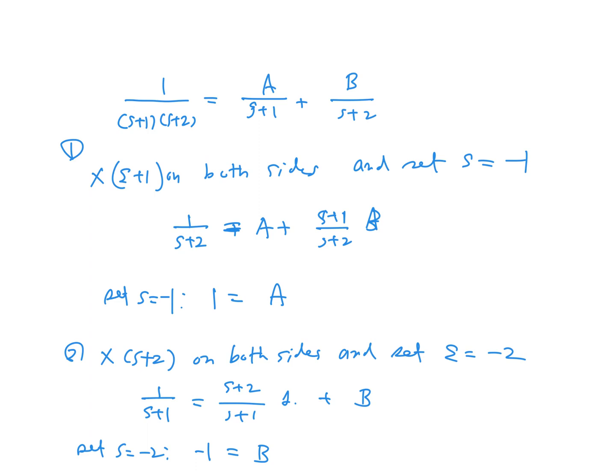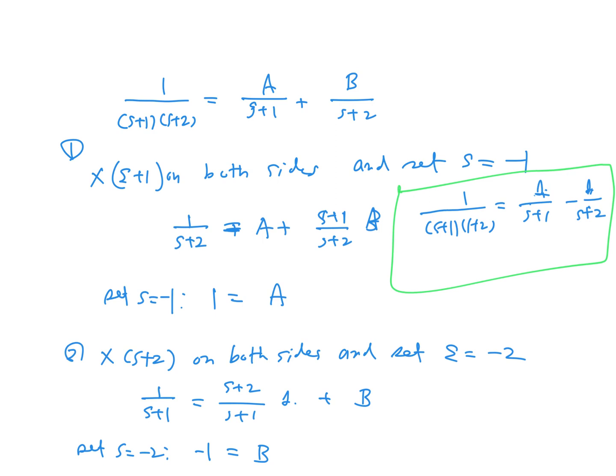So we have s plus 1 over s plus 2 is 1 over s plus 1 minus 1 over s plus 2. So A was 1, B was minus 1.